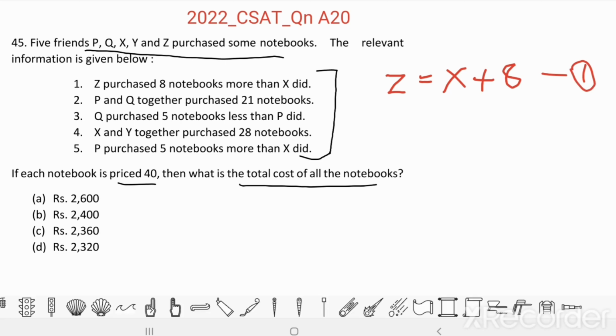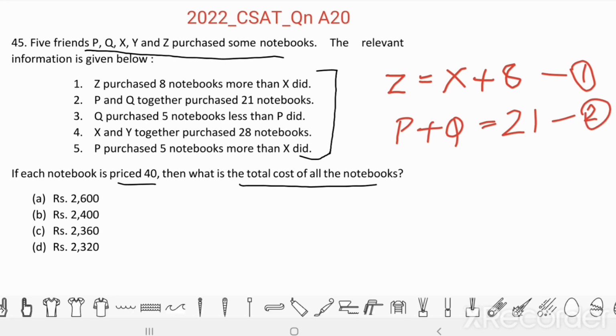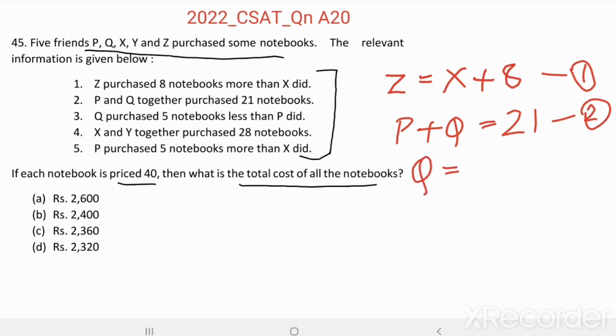From the second statement, P and Q together purchased 21 notebooks. P plus Q equal to 21. This is the second equation. Q purchased 5 notebooks less than P did. This is the third one.